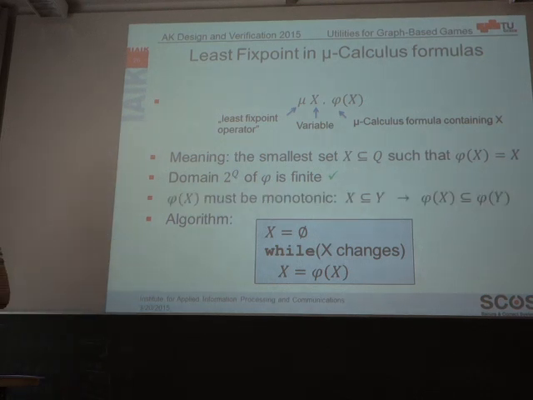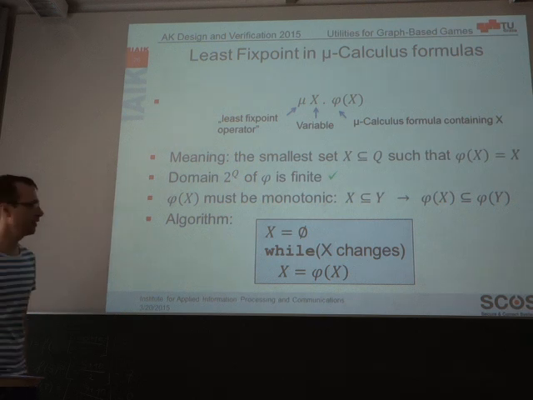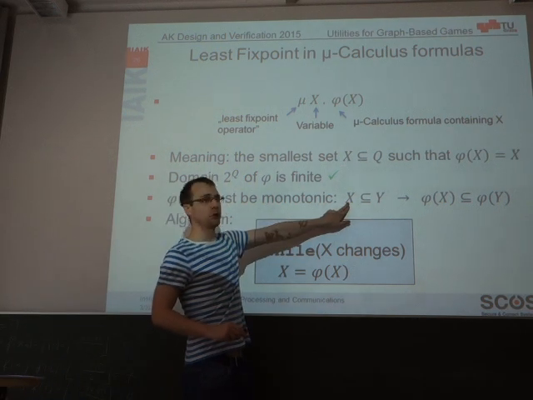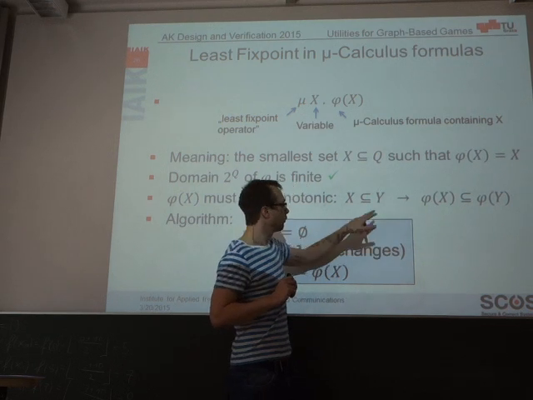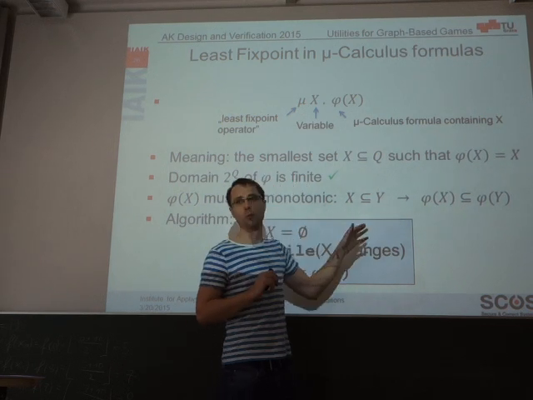So the domain is finite, this is fine. And the other assumption is that our function that we apply to sets of states needs to be monotonic. Previously I wrote this with a less or equal sign, but in the domain of sets of states, this naturally translates to a subset relation. So basically what monotonicity means in this context is if we put a smaller set into our formula phi, then what we get will also be a smaller set.